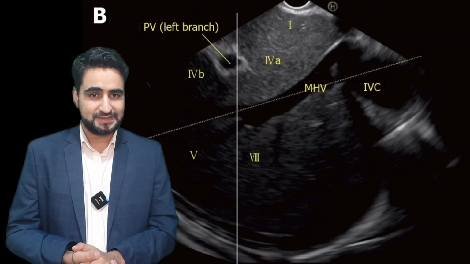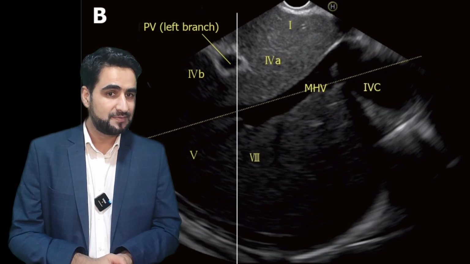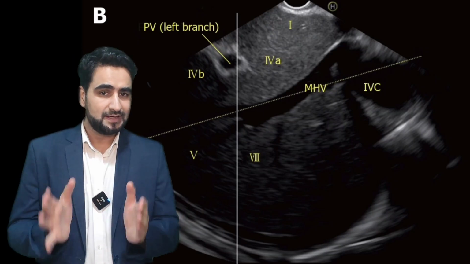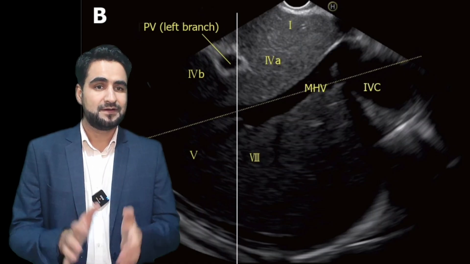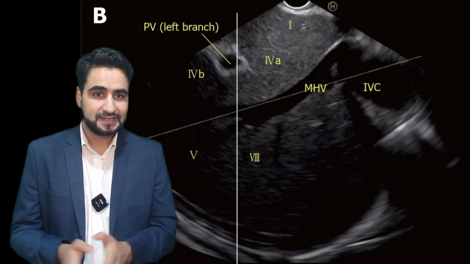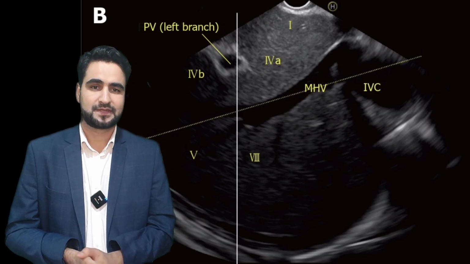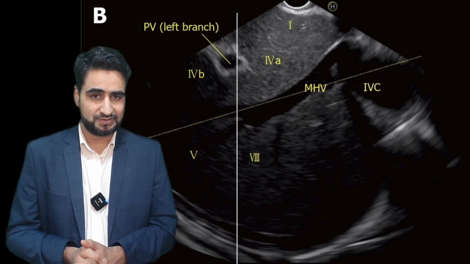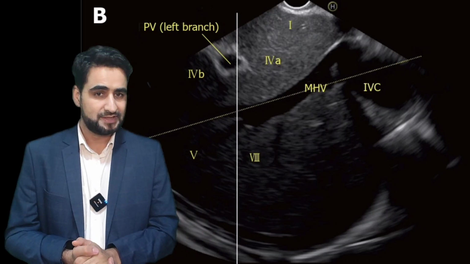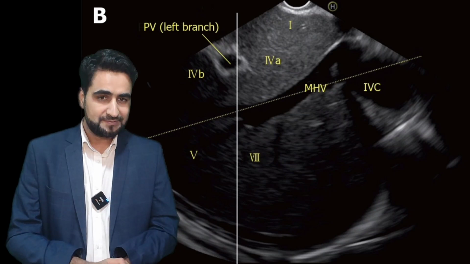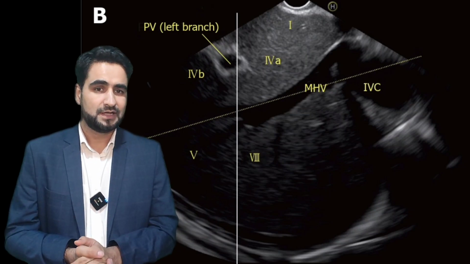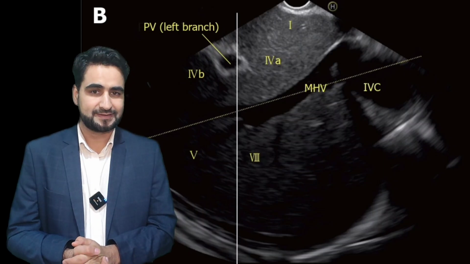Next, in this image, we move deeper into segmental anatomy. Here, the middle hepatic vein again serves as a key reference line, but now we can appreciate the segmental divisions around it. Visible structures include segment 1, that's the caudate lobe, adjacent to the inferior vena cava. Segments 4A and 4B form the left medial sector.